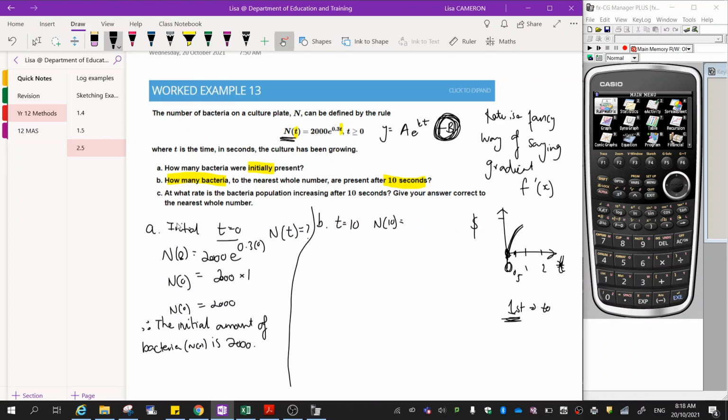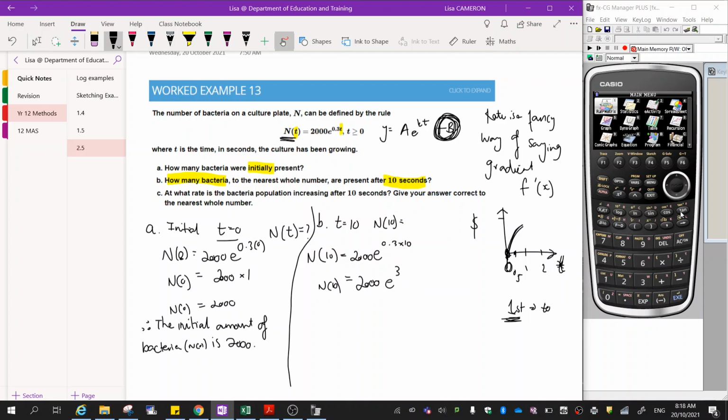So it hasn't asked me for a rate. It's asking me for the number of bacteria. So I put it into the function that gives me the number of bacteria. So N of 10 is equal to 2,000 times e to the power of 0.3 times 10. Now, as an exact value, it's going to be this.